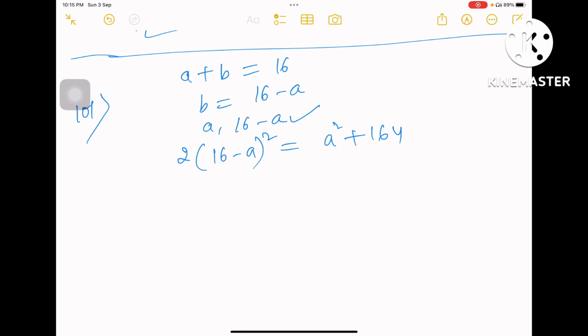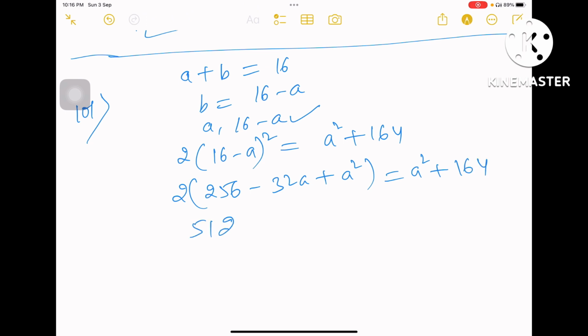Let's do this. 2 into 16 minus A whole square, that is 2 times 256 minus 32A plus A square, is equal to A square plus 164. Now that is 512 minus 64A plus 2A square is equal to A square plus 164. Solving it, what do we get? Let's see.